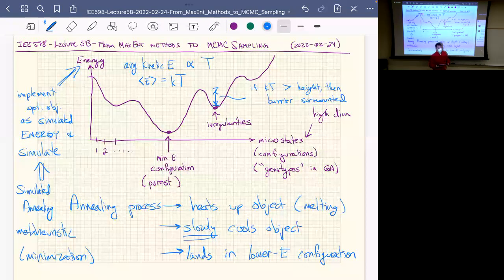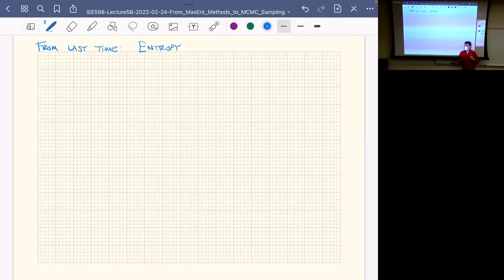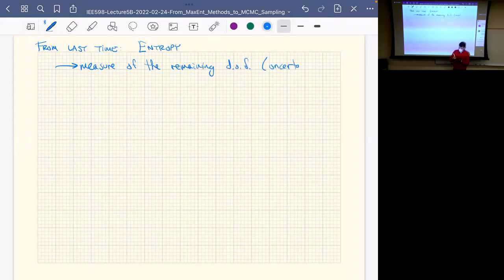And I talked about how entropy, from last time, is a measure of the remaining degrees of freedom or uncertainty left in a macro state, and I'm referring to the remaining degrees of freedom, I'll say in macro states, micro states, how about that?